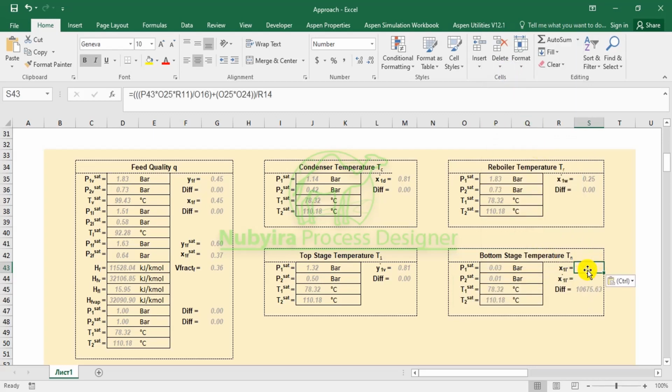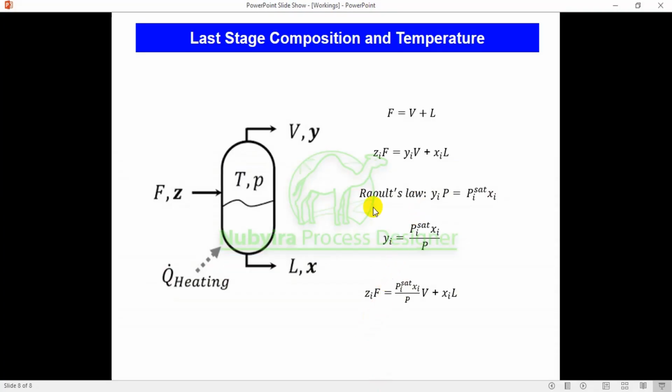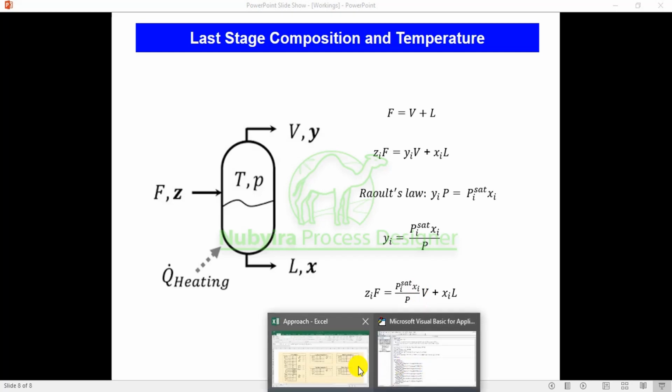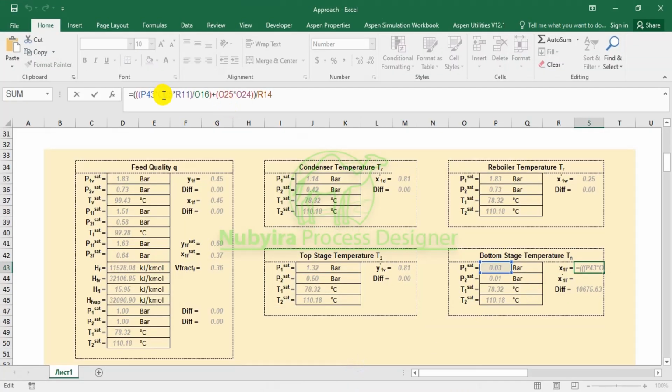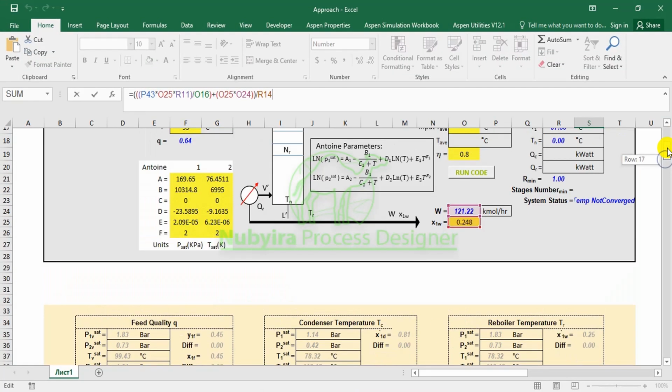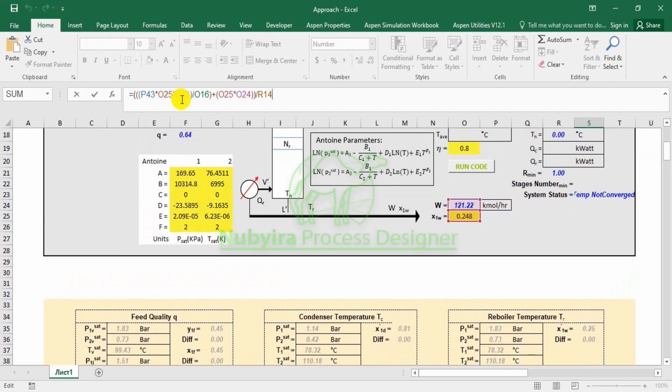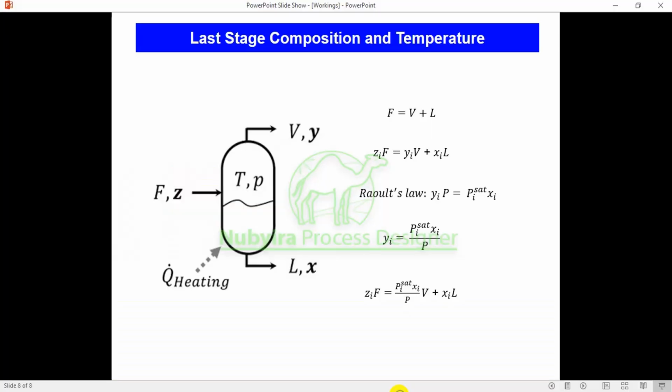From there you can get, you can see P1 sat starts from the equation. You have P1 sat here, then the mole fraction in liquid phase that is coming, which is 0.025, this value at the bottom, you understand. Then the liquid phase mole fraction, the vapor boil up, you understand. Then you have this value too, you understand.